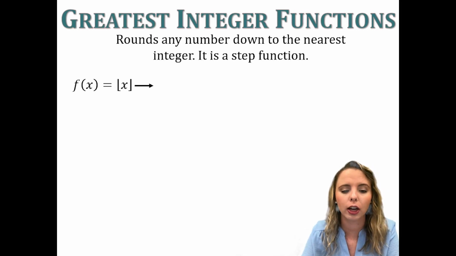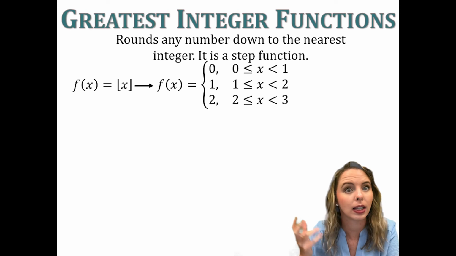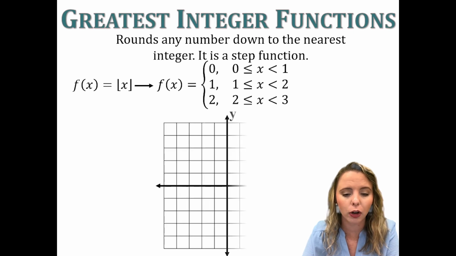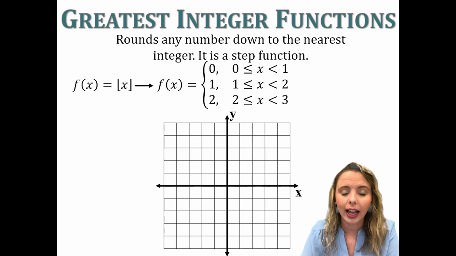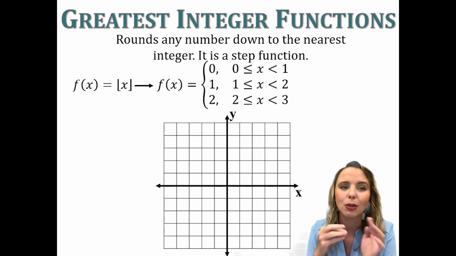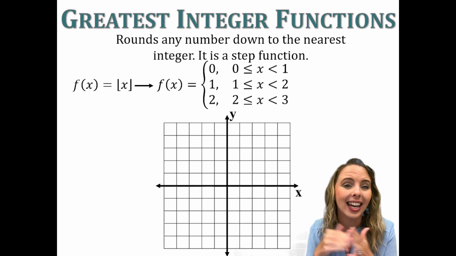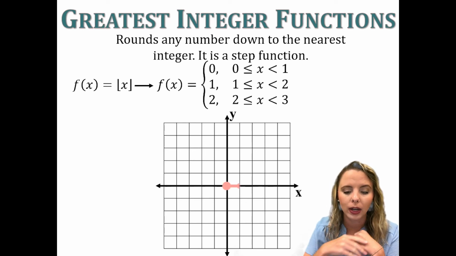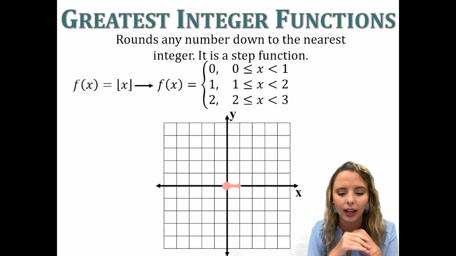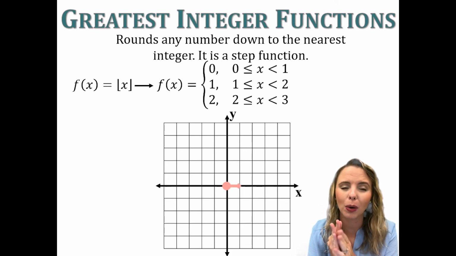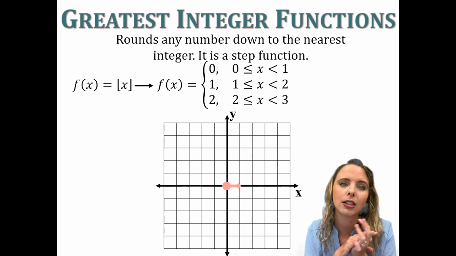But if we restrict the domain to only in between 0 and 3, we can then begin to evaluate this. So if we go to graph this, any number that's in between 0 and 1, but it's not equal to 1, so 0.999999999 is going to round down to 0. So that means we need a line right there. It's not 1. Anything that's approaching 1 but not 1, or anything down to 0.